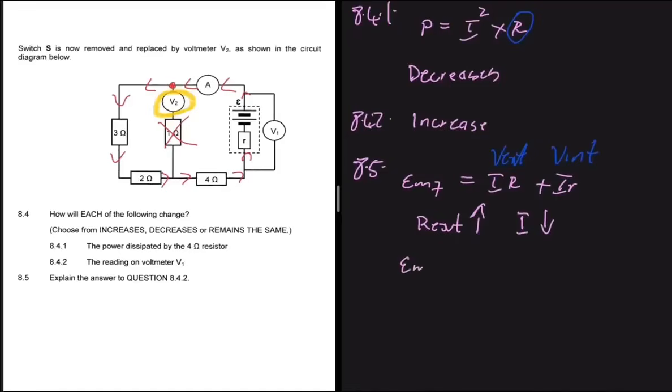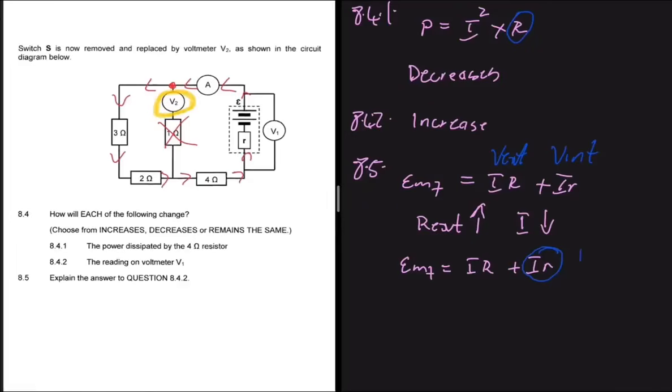So we're going to have EMF being equals to I multiplied by R plus I multiplied by the small r, right? When the current decreases, this V value here is going to also decrease, right? V internal is going to decrease when the current decreases, right? Because small r doesn't go up or go down, right? It's the consequence of the material used in the battery.